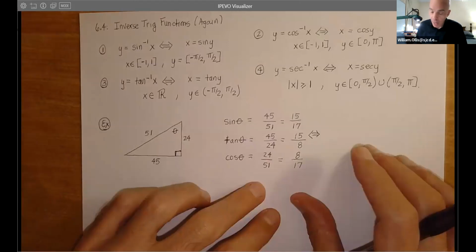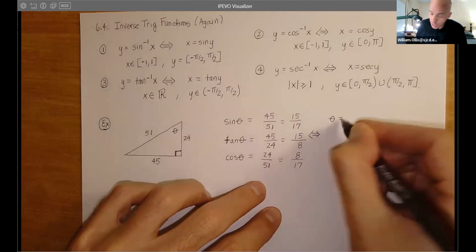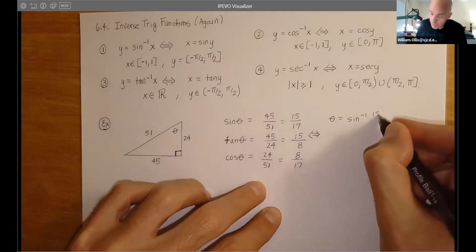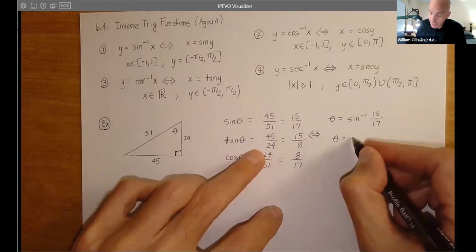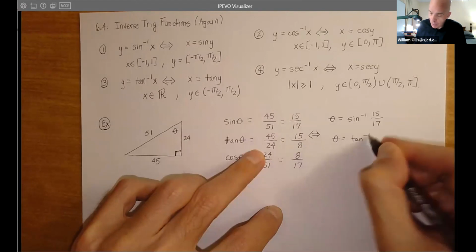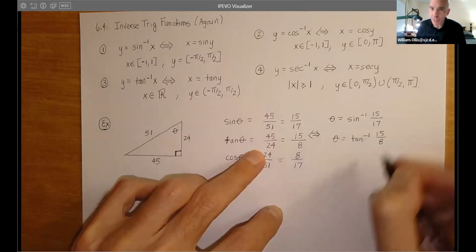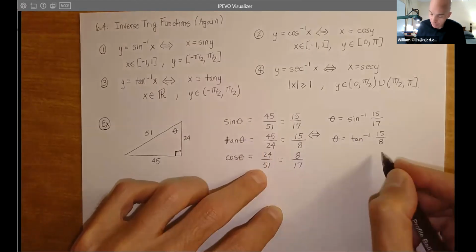So now if we like, we can say theta is the inverse sine of 15 over 17. Theta is the inverse tangent of 15 over 8. And of course, in the WebAssign, they would put in the parentheses for you. I don't have to put them here because it's clear what I mean.